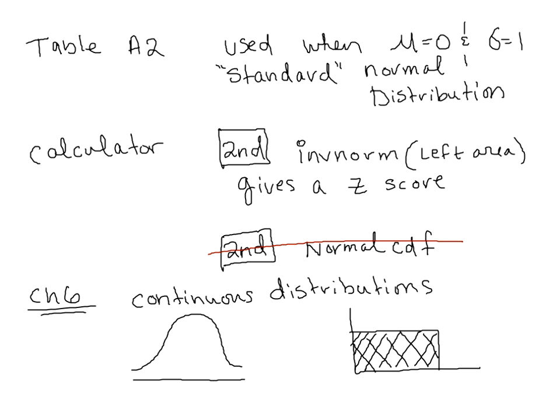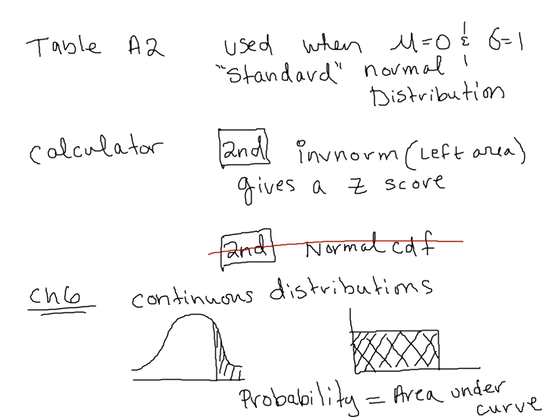That was the concept in all of this Chapter 6 that we've been doing. Or, the probability is found by finding the area underneath the curve. Okay, so that's what we've been looking at so far.